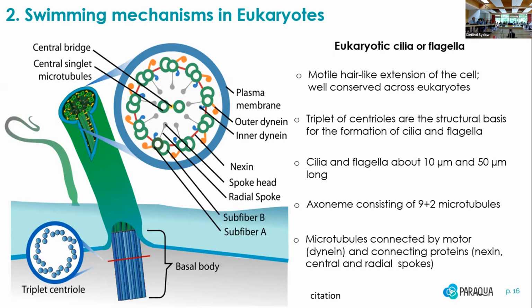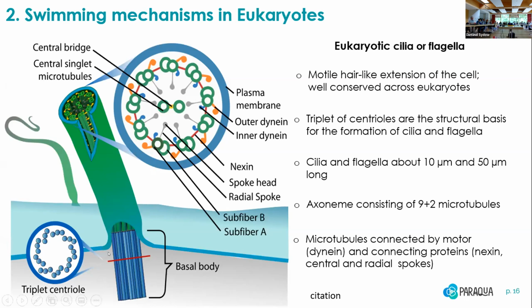The cilia and flagella, it's the same, we will see later the differences, basically originate from a triplet of a centriole, which is also called the basal body of the cilia and flagella.